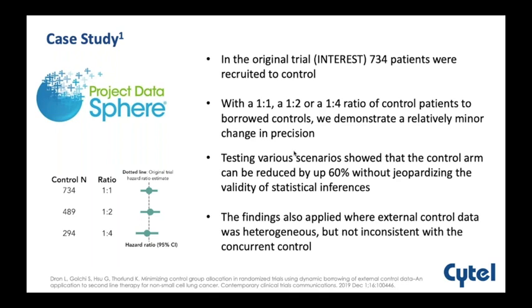But the conclusion of that was that in most cases, if you're using these Bayesian dynamic borrowing methods, which again I'm not getting into the statistical details of, and probably the same is true for propensity weighting and other borrowing methods, then you should be able to reduce your sample size in the control arm by up to around 60% without any meaningful loss of validity of the statistical inferences, as long as your data is only heterogeneous but not totally inconsistent.